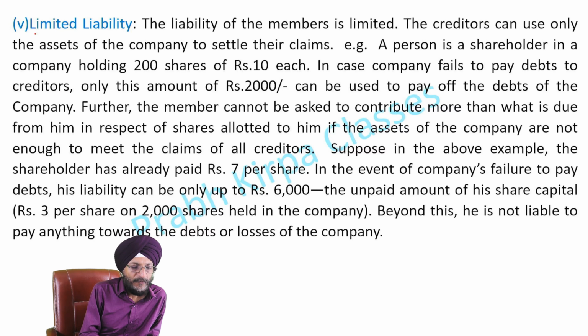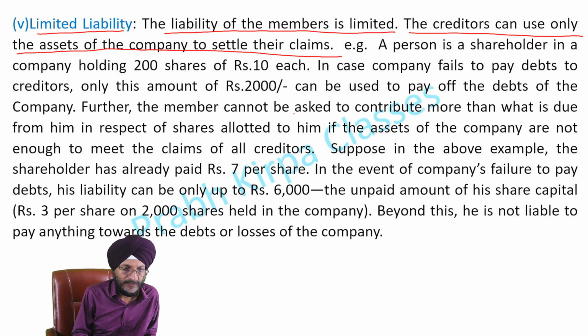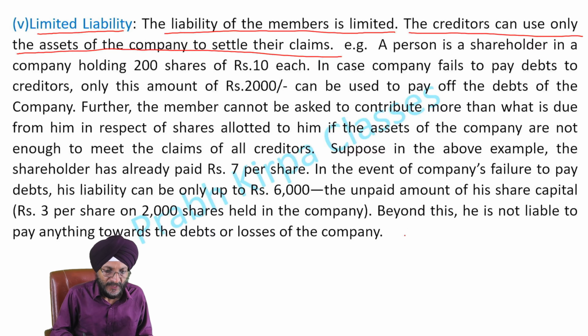Next feature of joint stock company is limited liability. The liability of the members is limited. The creditors can use only the assets of the company to settle their claims. Suppose a person is a shareholder in a company and he is having 200 shares and the shares are of the face value of rupees 10 each.